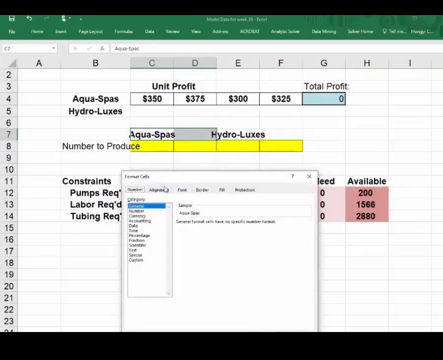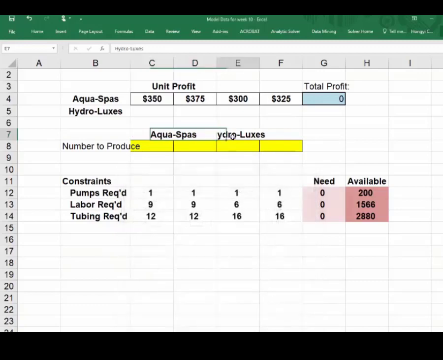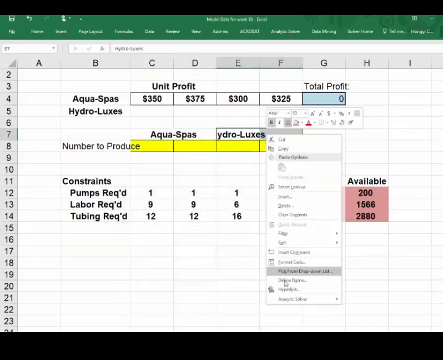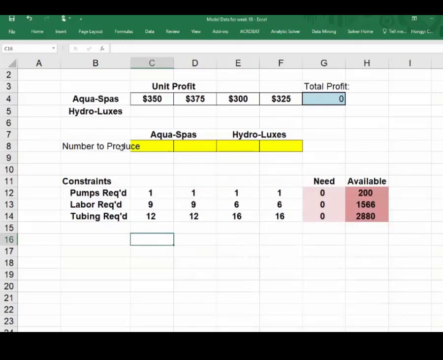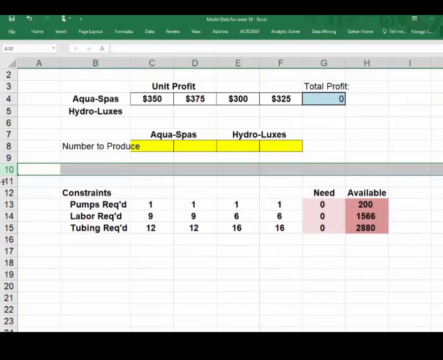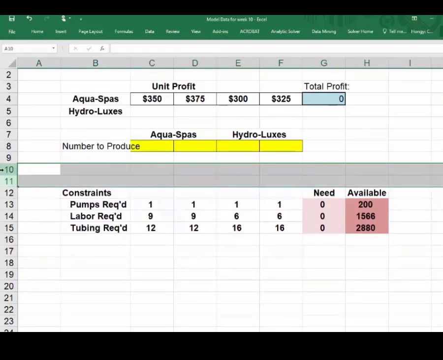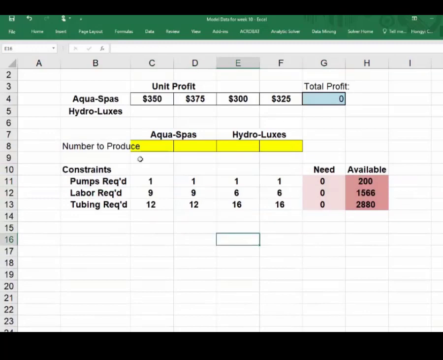So if I just merge these here, and then merge these ones, yeah, then we'll have these all represent the number to produce, but these first two are bus, and these two are hydrolysis. Okay, so I think this way may be easier for us to input the constraints later. So we'll just continue with this one.